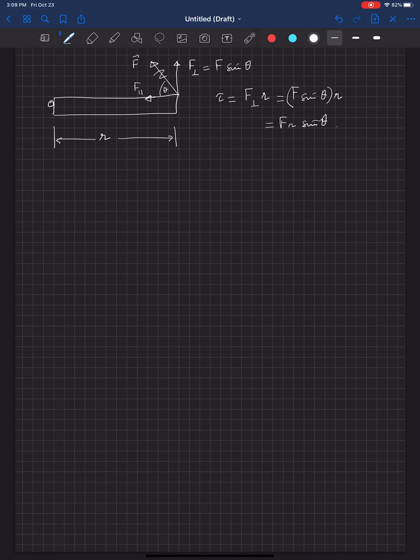and I will make this as a note. The torque due to F parallel is 0 because it goes through the axis of rotation.